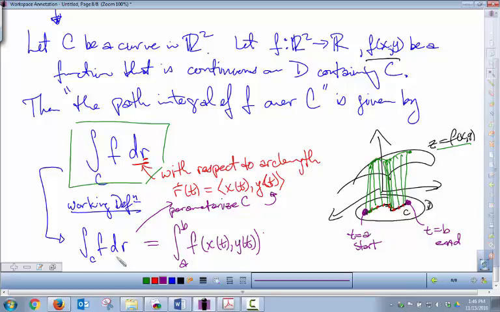So now it's a function of t. Now the other tricky part is that our dr is with respect to arc length. Do you remember the formula for arc length?